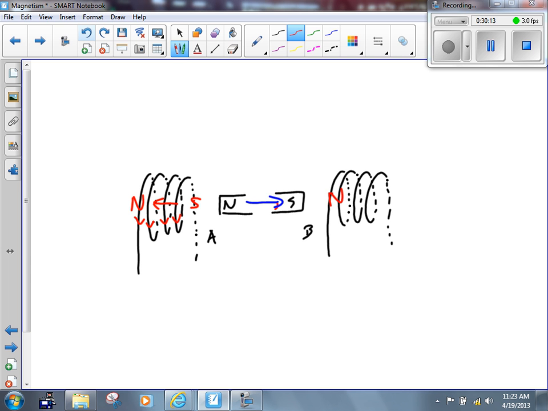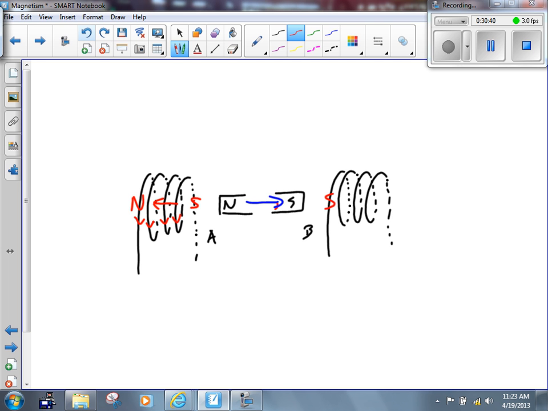Pushing it to the right, that north is going to attract that south. That's not going to be an opposing force at all. That's going to be a force that helps it along. That's not going to be north. It's going to be south.